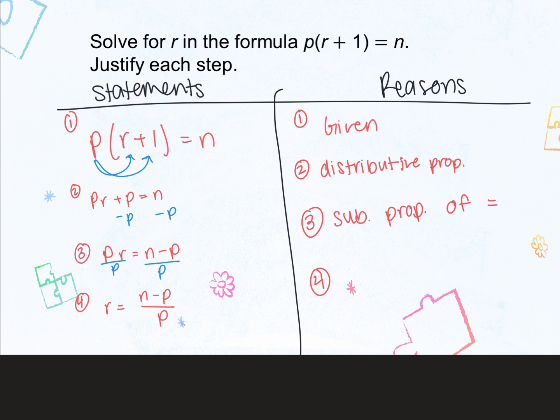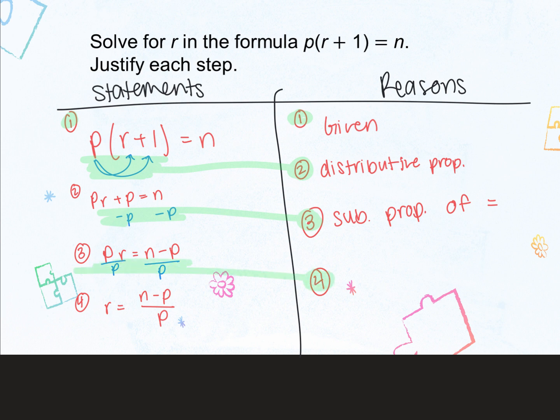Not simplify. Okay, just to clarify, when you guys are looking at it, this is always the first one. Your step 2 is always asking, how am I getting from 1 to 2? What did I do? I distributed. How am I getting from 2 to 3? I subtracted. How am I getting from 3 to 4?